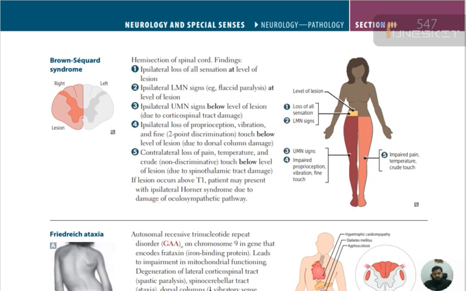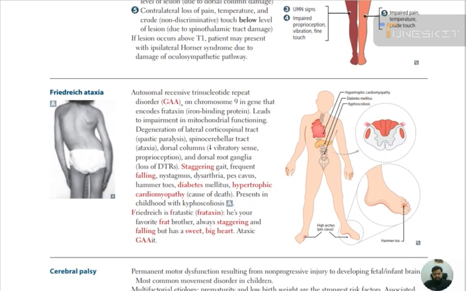The next one is Friedreich ataxia, a very important disease. It is an autosomal recessive trinucleotide repeat disorder, GAA, on chromosome 9, in the gene that encodes frataxin, an iron-binding protein. So there is a mutation in the iron-binding protein.